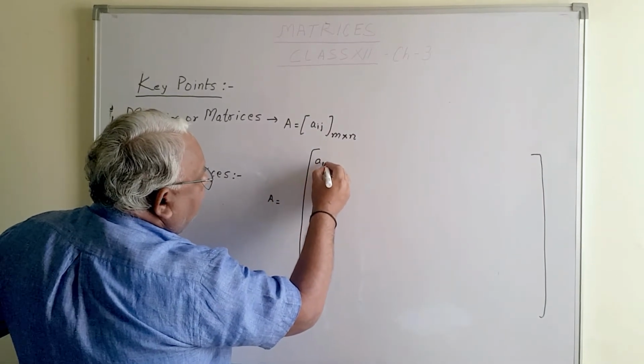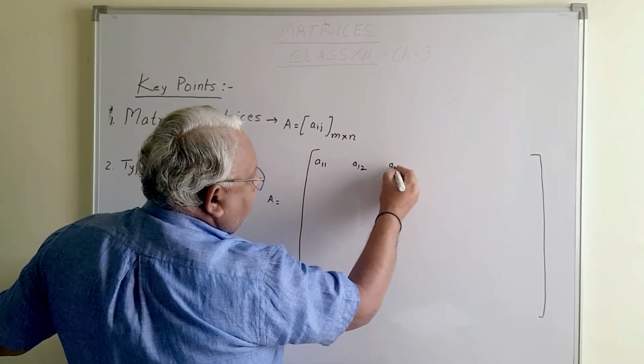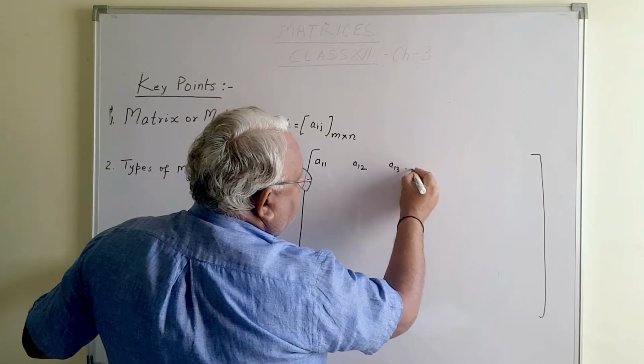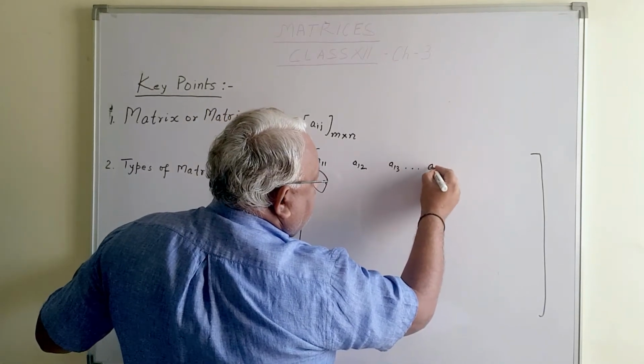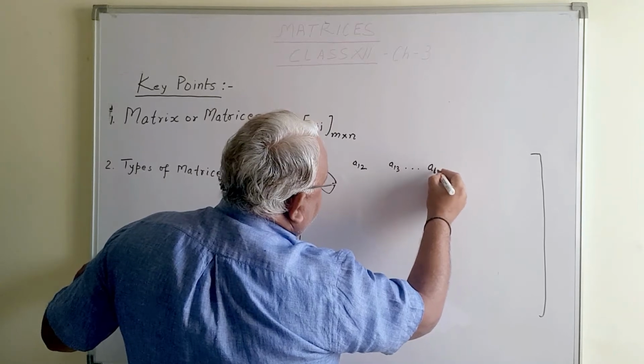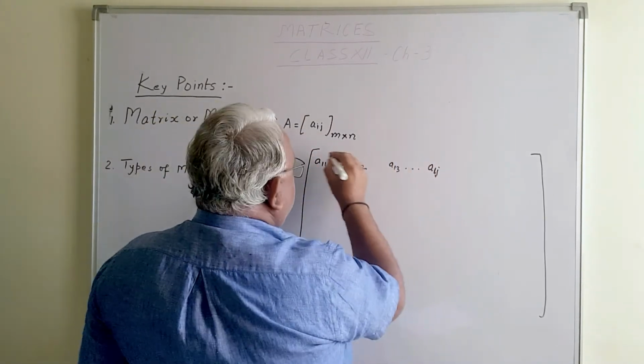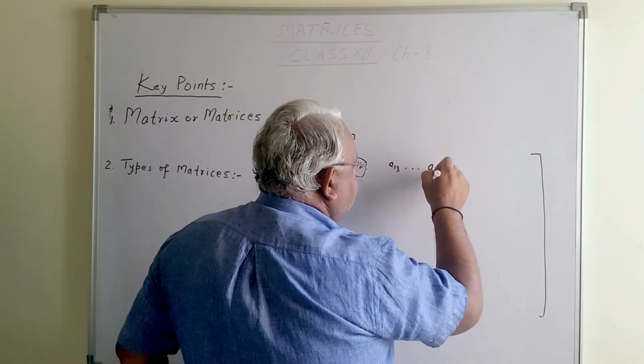First row, A11, A12, A13, it goes like this. Then comes the ith row, A i1 up to A ij. This is the column, so C1, C2, C3, the jth column.